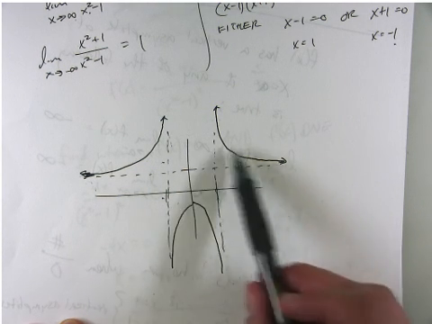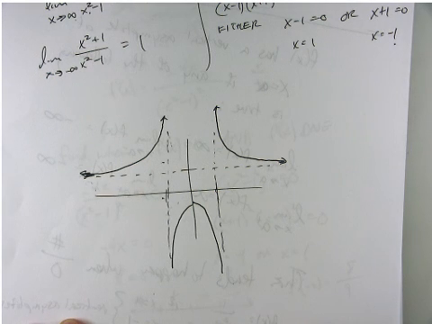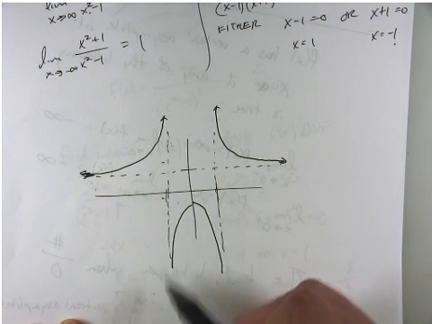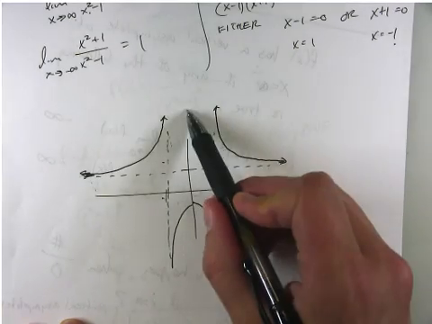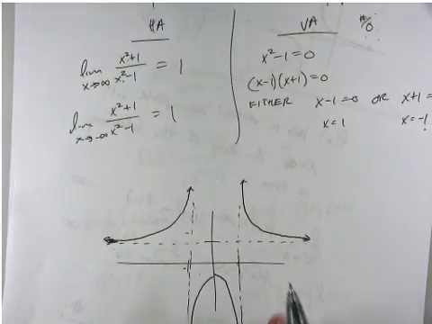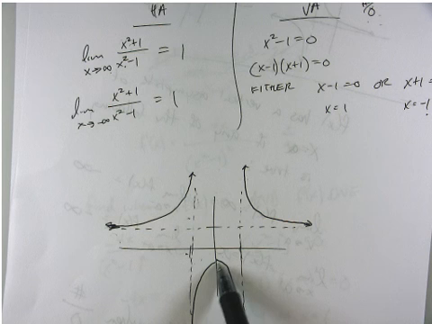And it fits the asymptotic behavior. How do I know how high to make this? It increases up to what? Why wouldn't this point be way up here? How could I find out where this maximum value is? Where does it occur? What's the x value where the maximum is?